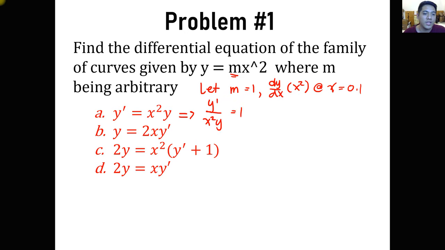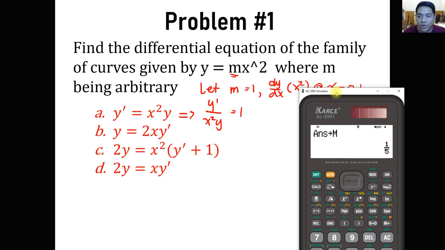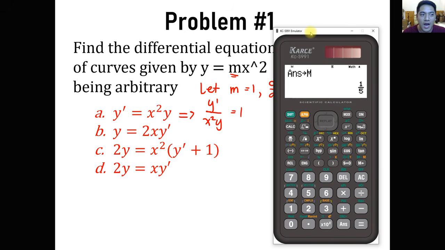If I divide both sides by x squared y, the other side of the equation will be equal to 1. We're going to do that for all of the choices. So we are going to calculate y prime over x squared y in our calculator.